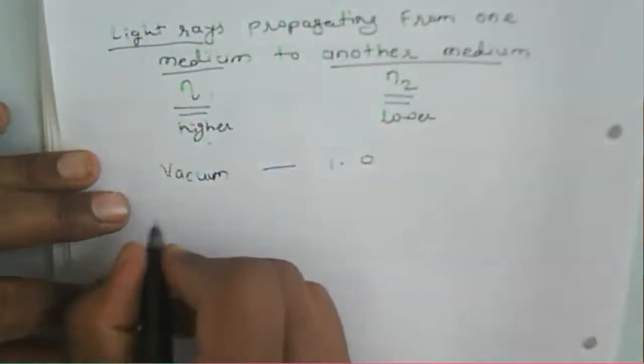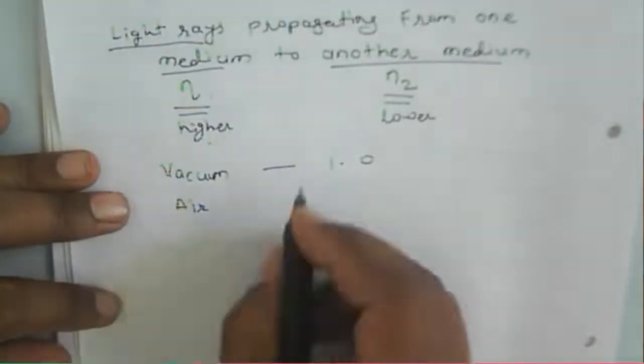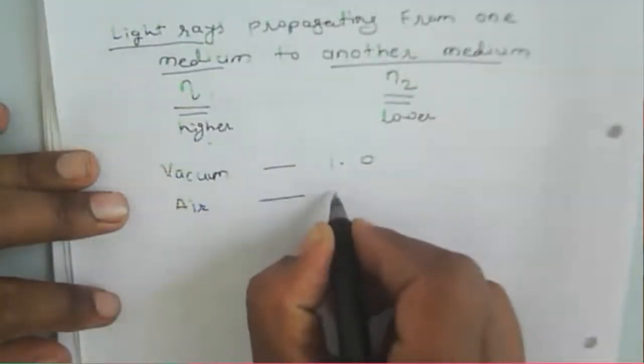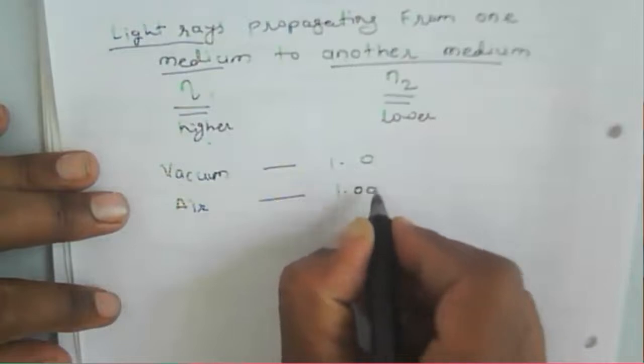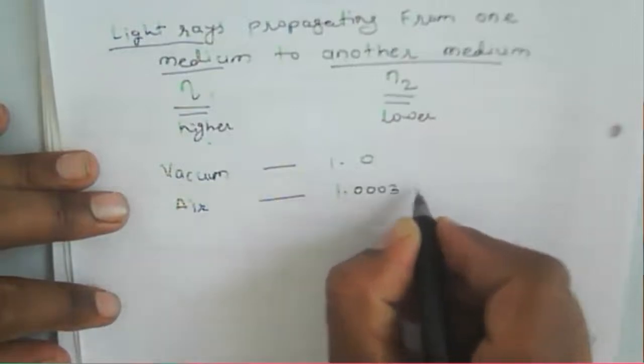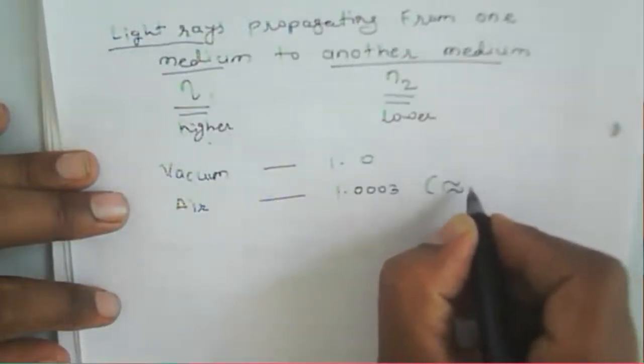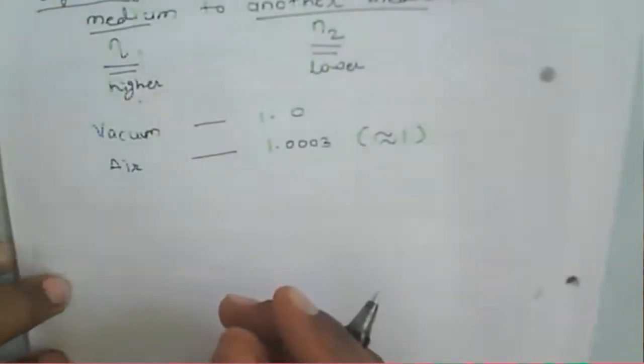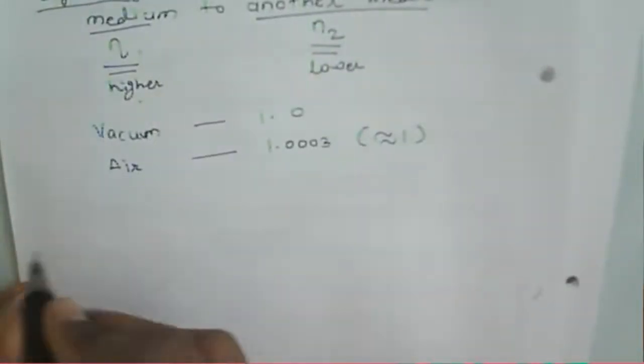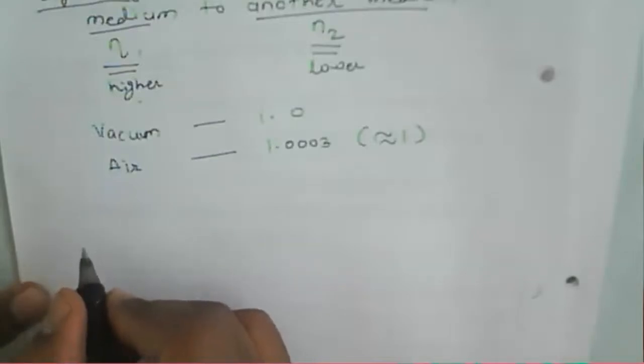It has a refractive index of 1.0. For air, it is not exactly 1, but it is about 1.003, so the index of refraction for air is approximately 1.